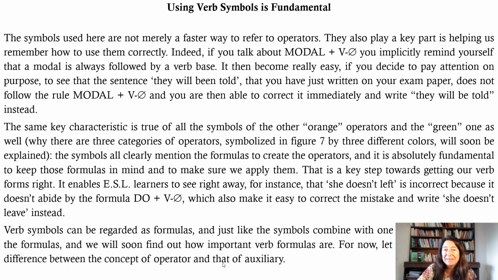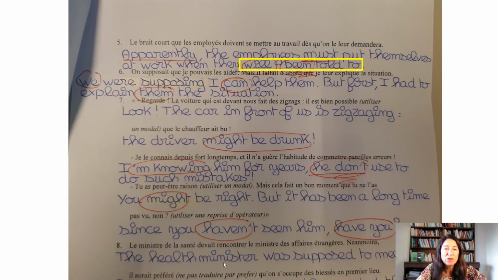And as I said in the book, it's really key to use the symbols themselves. Do not just talk about modals, but do talk about modal plus V0, because in that case it will be much easier for you to avoid quite a few mistakes like the ones we have seen at the beginning of this video.